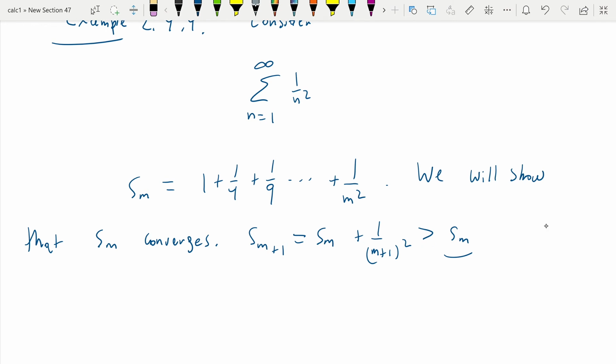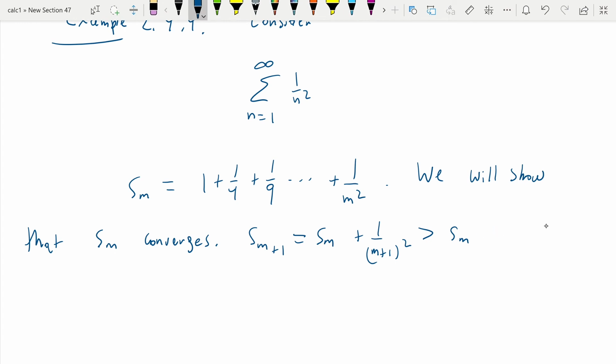We're always adding new numbers. So we start from S_n, and we look at the next term in the sequence, we have added a positive number, very small, but a positive number.